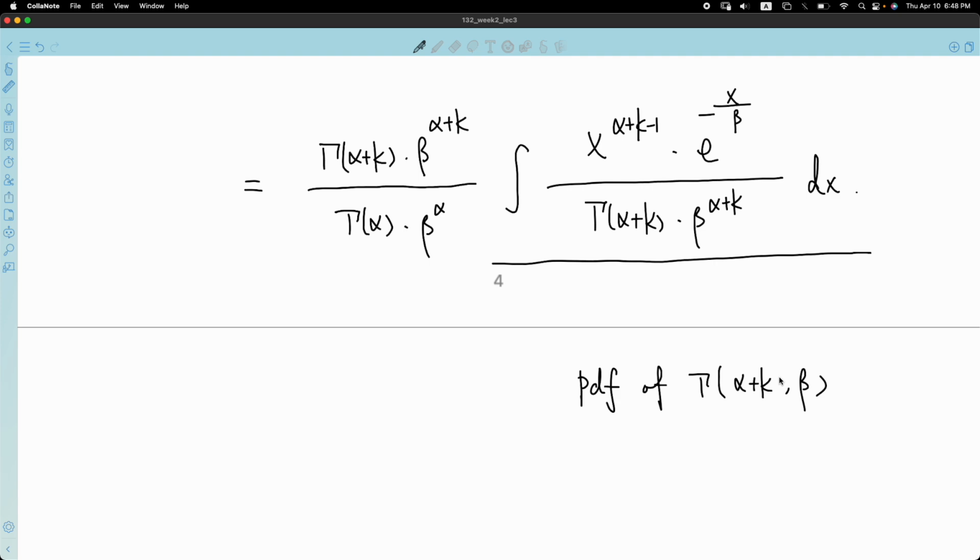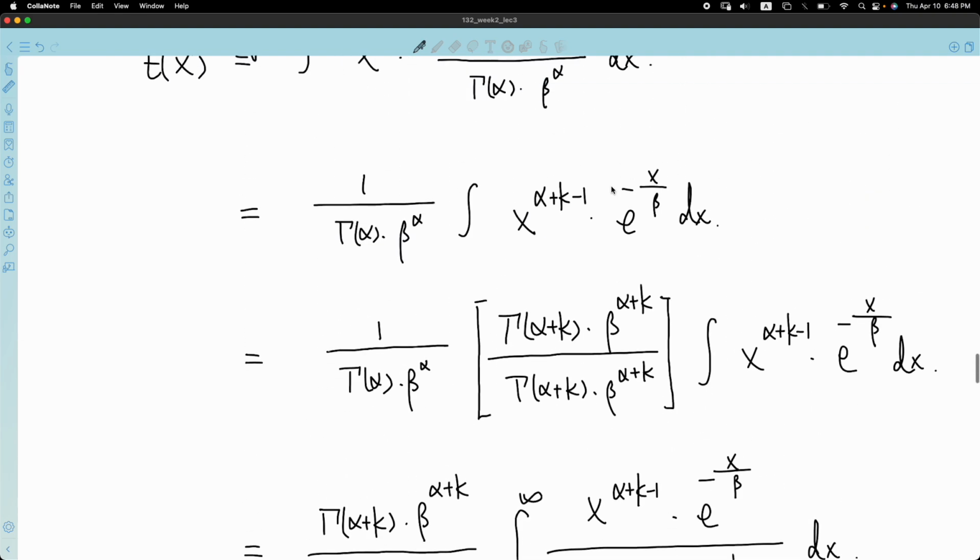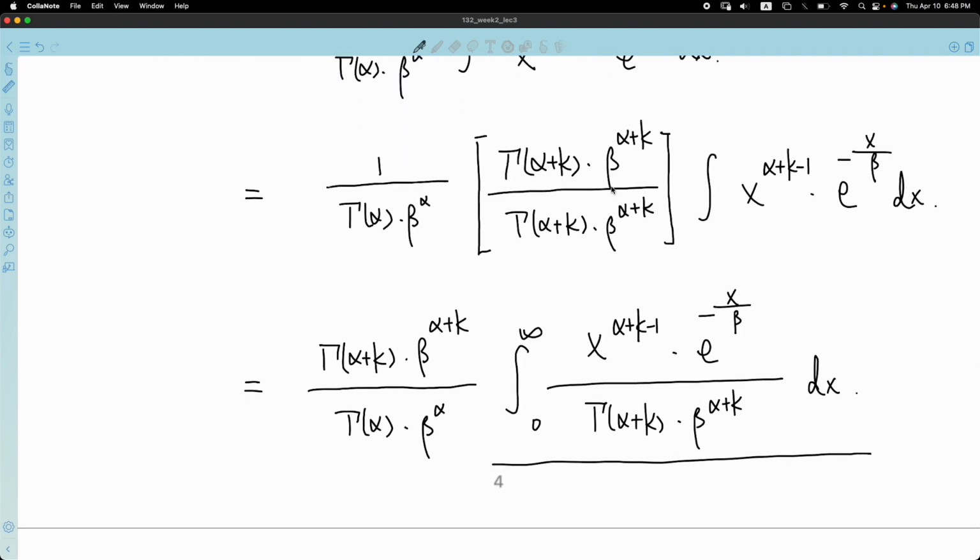And then the integral of the probability density function over the whole support, like 0 to infinity, should equal 1, right? So then to answer your question, why we want to introduce the 1 in this form is that when we plug in the denominator inside the integral, this becomes a density function. Then the density function, when you take the integral, is just equal to 1.